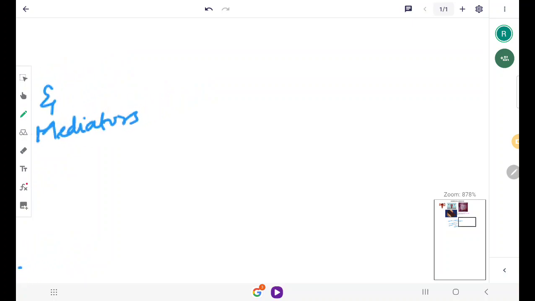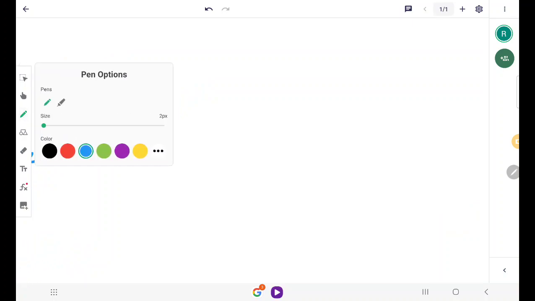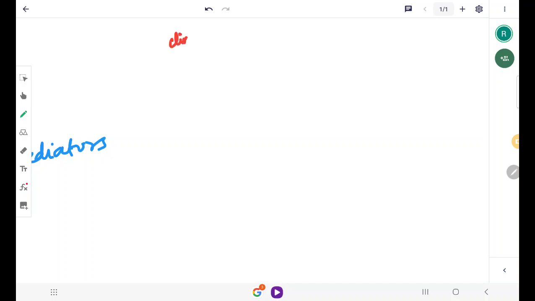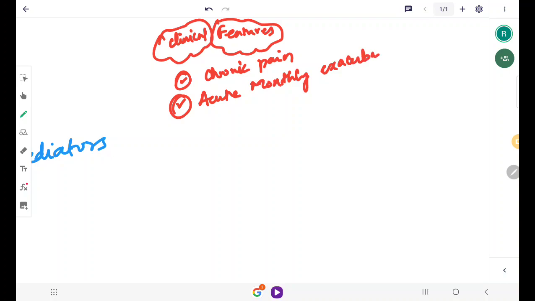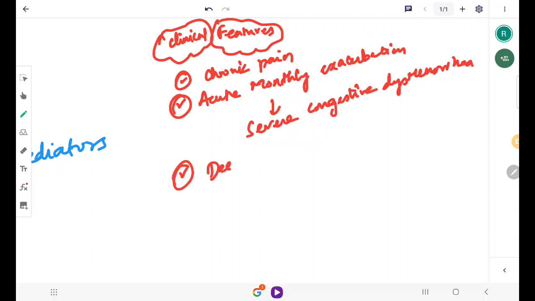Next, we'll study the clinical features. The patient presents with chronic pain and acute monthly exacerbation because of severe congestive dysmenorrhea, and it also causes deep dyspareunia.